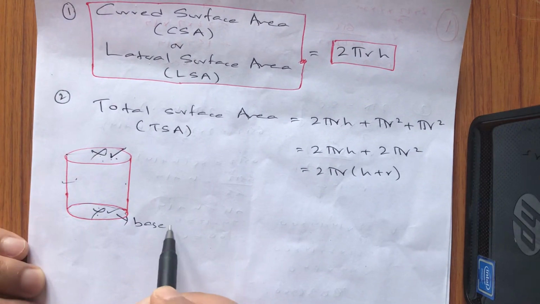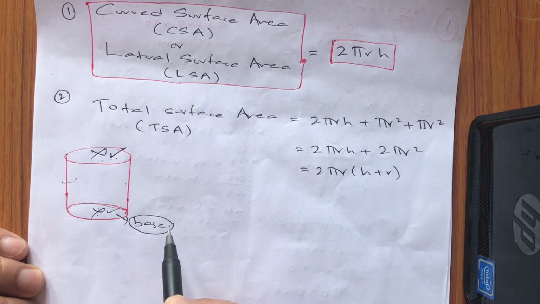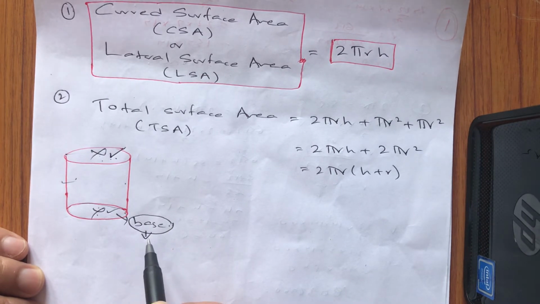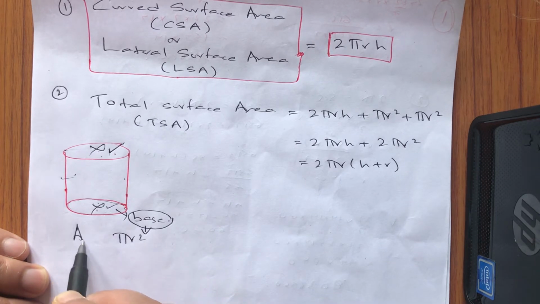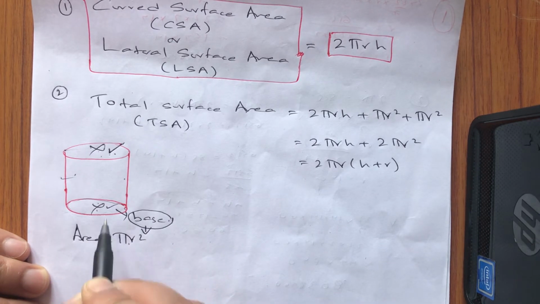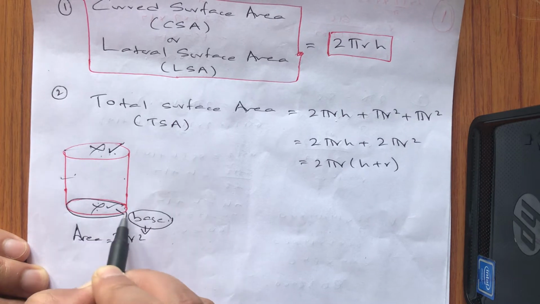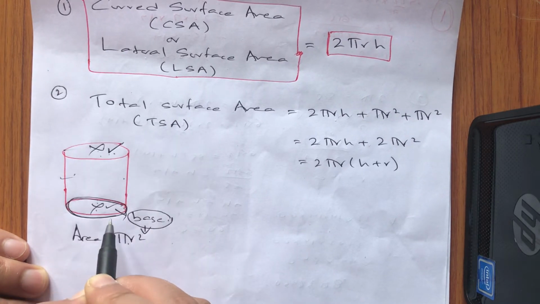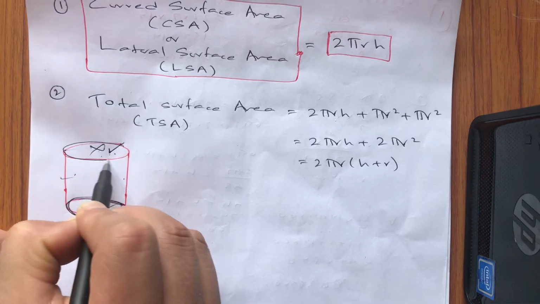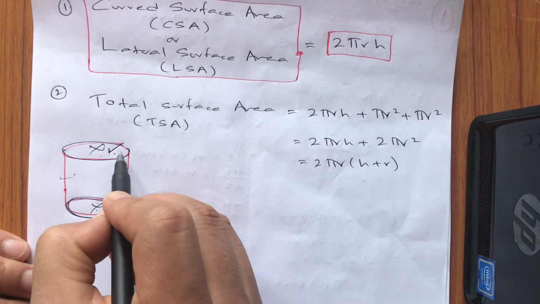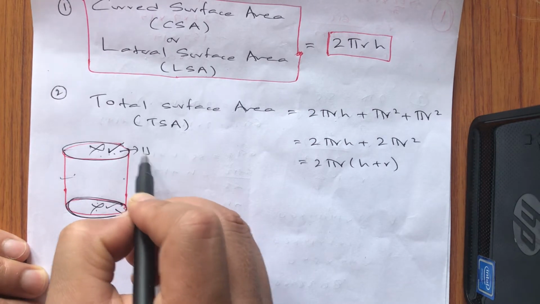If it's a circle, then the area of a circle is pi r squared. That means the area of the base is pi r squared. So the round portion that we will be attaching at the bottom has area pi r squared. And the upper one is exactly the same, so it will also have the same area, pi r squared.